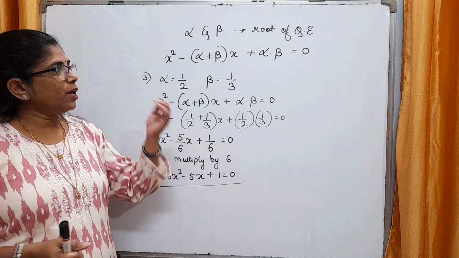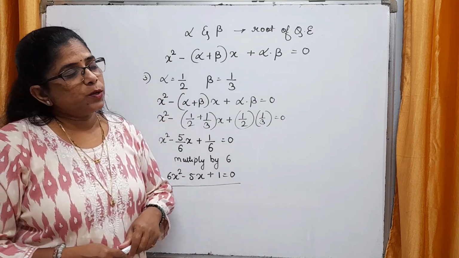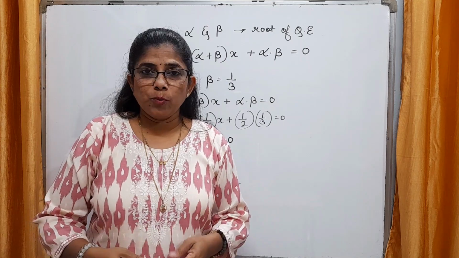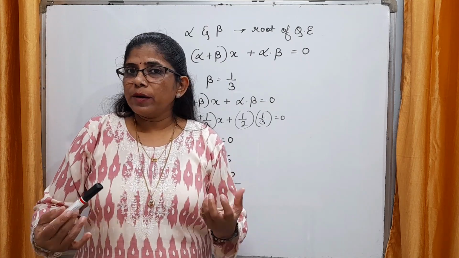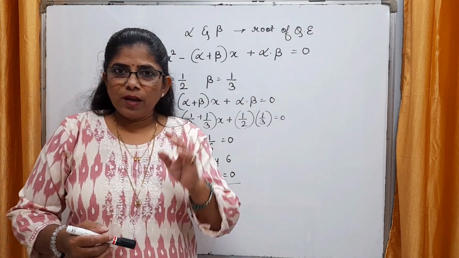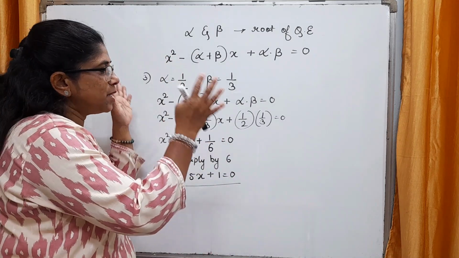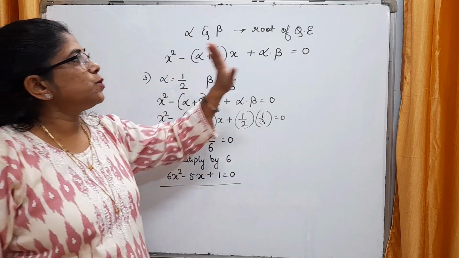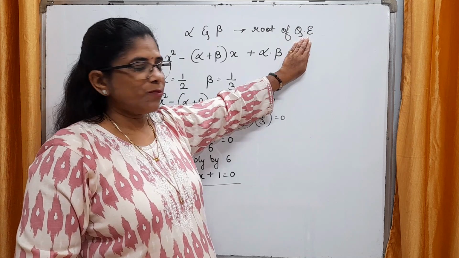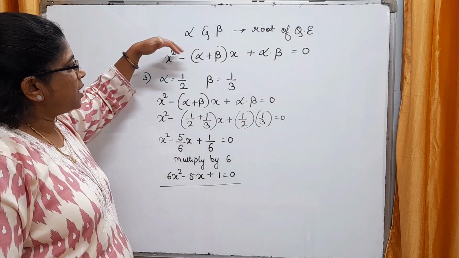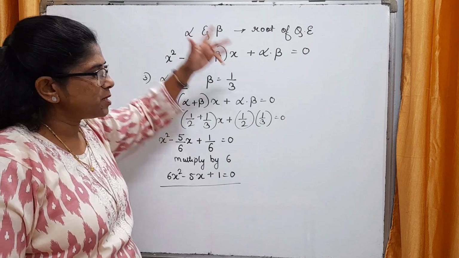So they say if alpha and beta are the roots of the quadratic polynomial, then form the quadratic polynomial, or which is such a quadratic polynomial whose roots are alpha and beta. So in that case what we have to do? Use the same technique, same formula, same rule. The only thing is we don't have 0 here. So the quadratic polynomial is going to be x square minus (alpha plus beta) into x plus alpha beta.